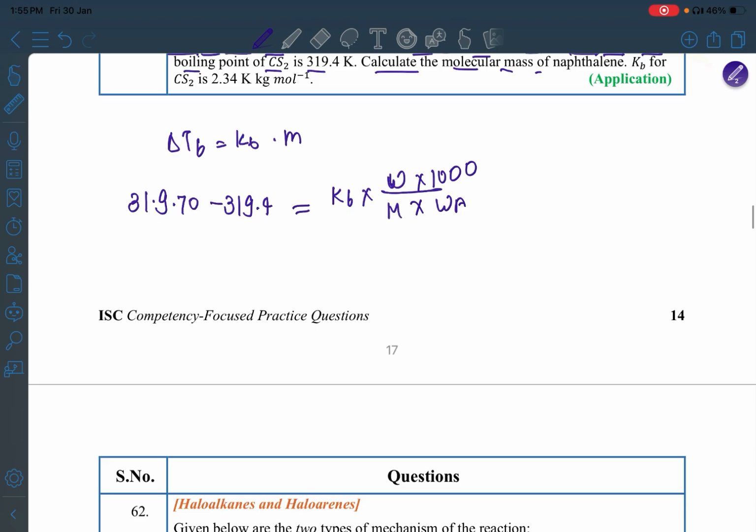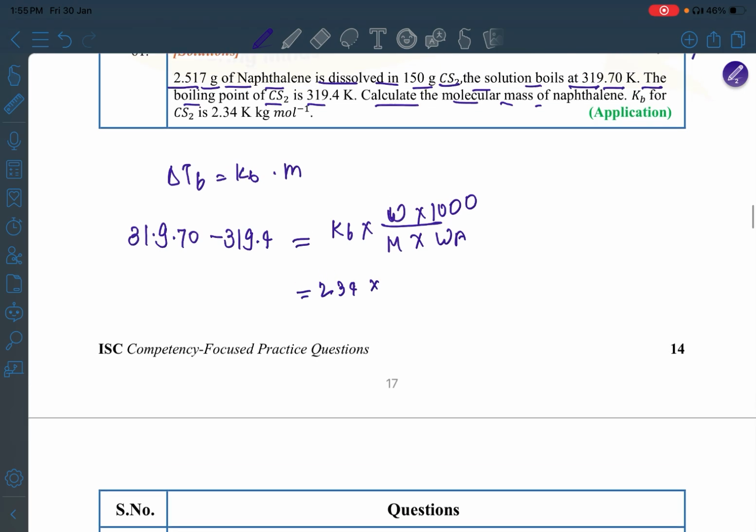Okay, so we put the value of Kb, which is 2.34, into the given weight of naphthalene, 2.517, and multiply by 1000, and the molecular mass of solvent we have to calculate. So this is Mb, and the given weight of solvent is 150 gram.